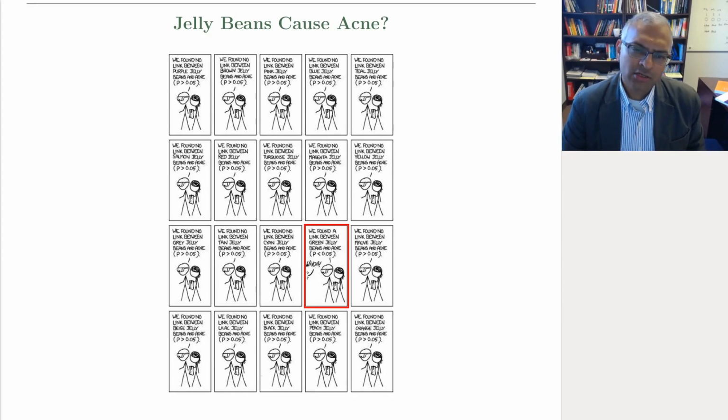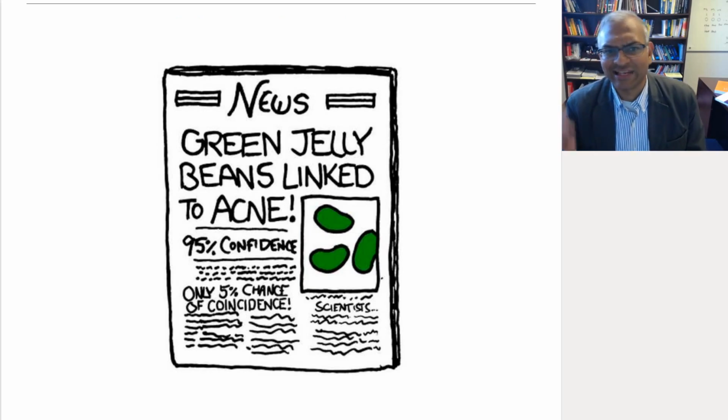And I'm going to hone in on this experiment with green jelly beans, which shows the relationship. And there's only a 5% chance it's wrong. And so it must be the case that green jelly beans cause acne. And then the manufacturer of green jelly beans goes out of business because we all know what comes next is the headline: oh, green jelly beans linked to acne.